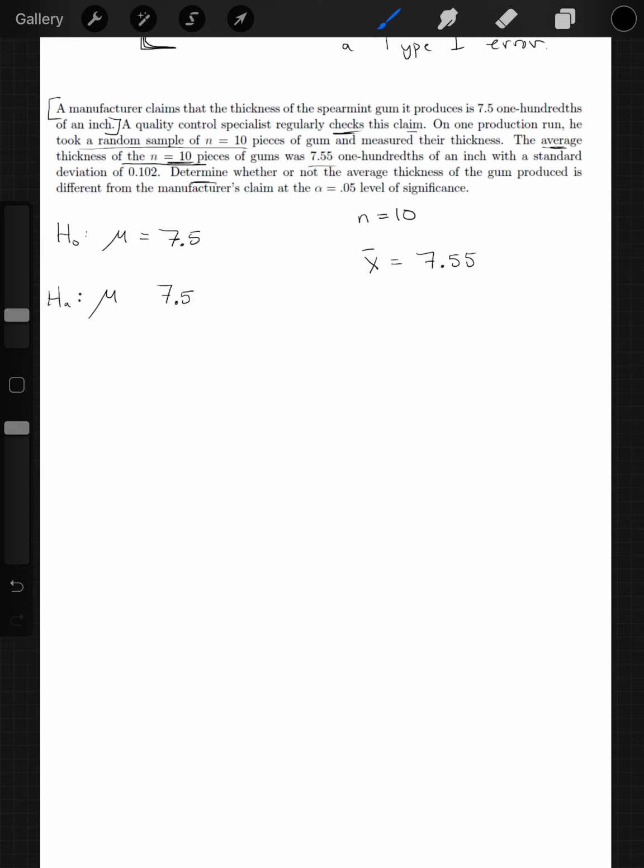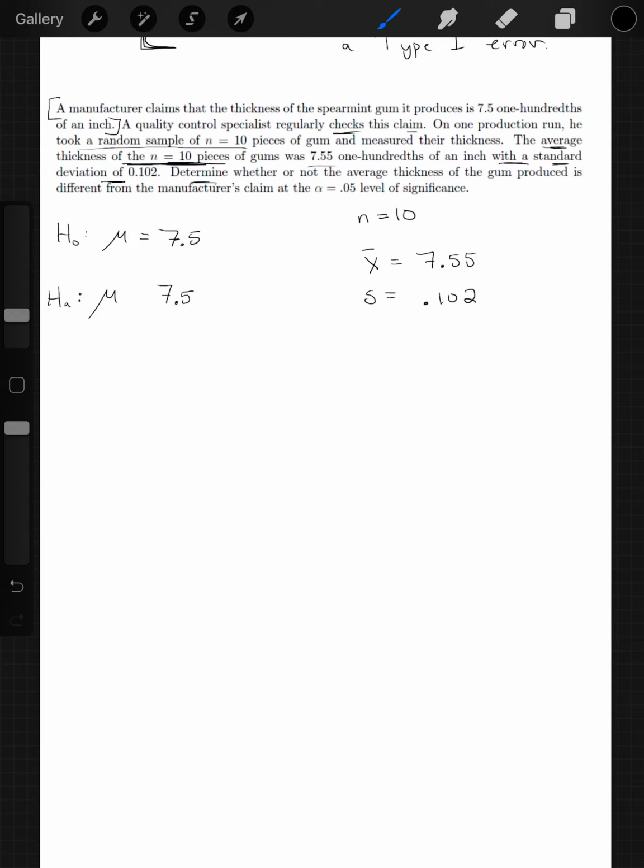And the fact that it's of the 10 pieces rather than of every single piece of gum ever is the one that tells us that it's X bar. And since this is the same sentence, this tells us that s equals 0.102. Right?